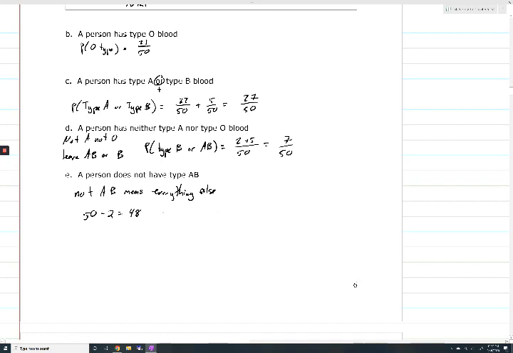And so that gives us 48 out of 50 people, and we always reduce, so 24 out of 25 people do not have type AB.